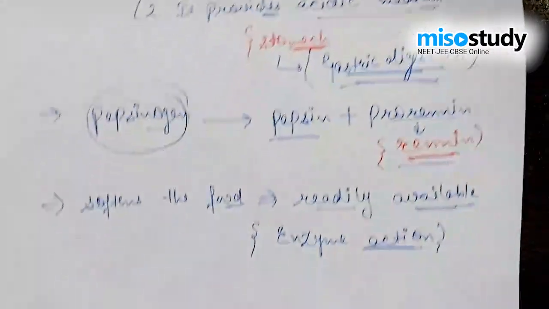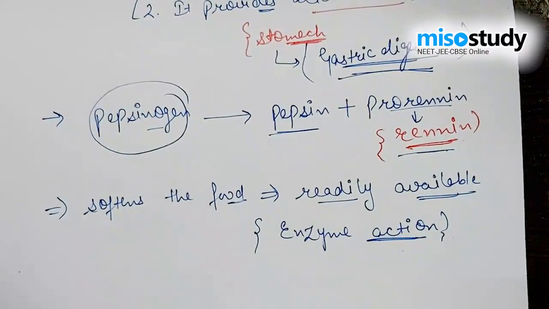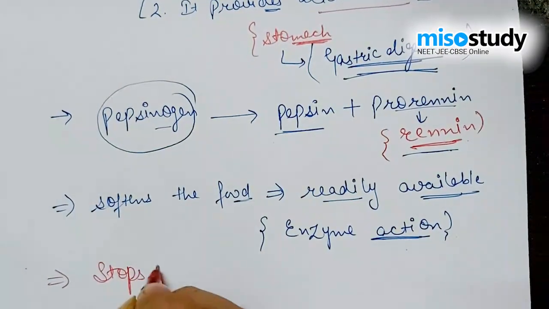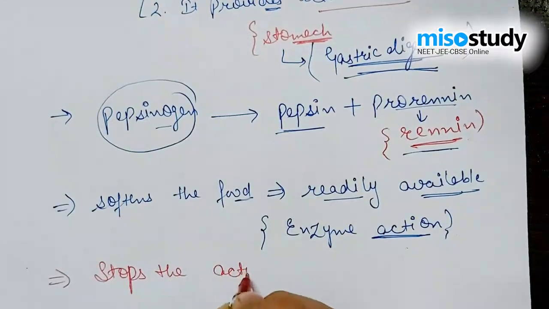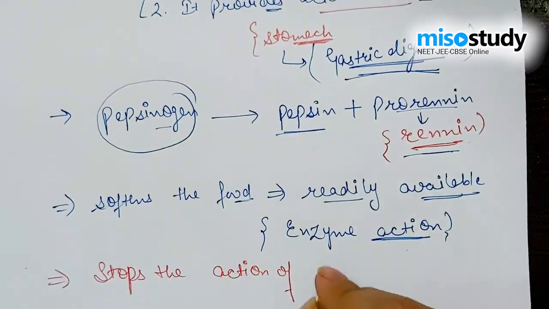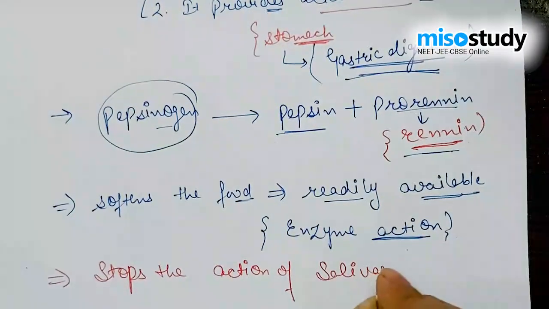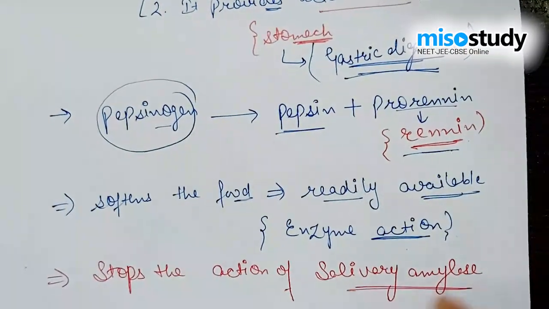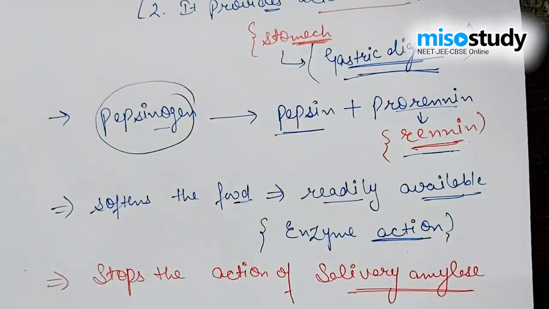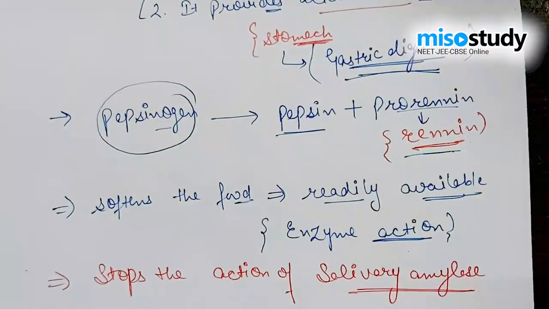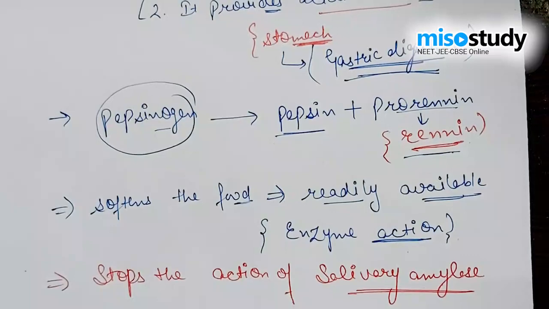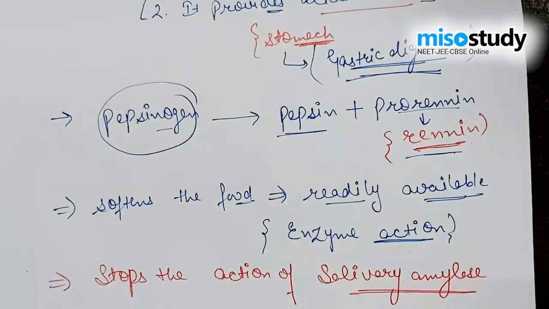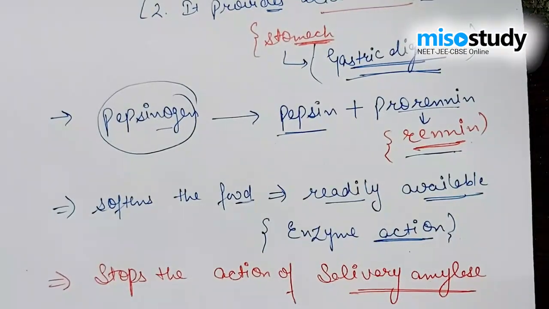It also stops the action of salivary amylase. Salivary amylase action starts in the mouth, and it also helps to soften the food, help in chewing, and convert larger compounds or molecules into smaller ones.